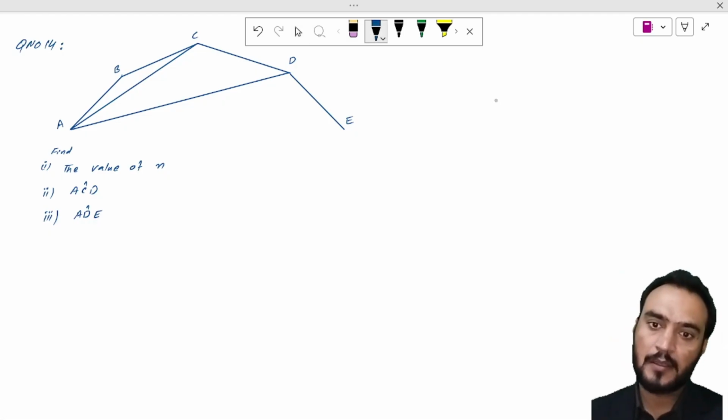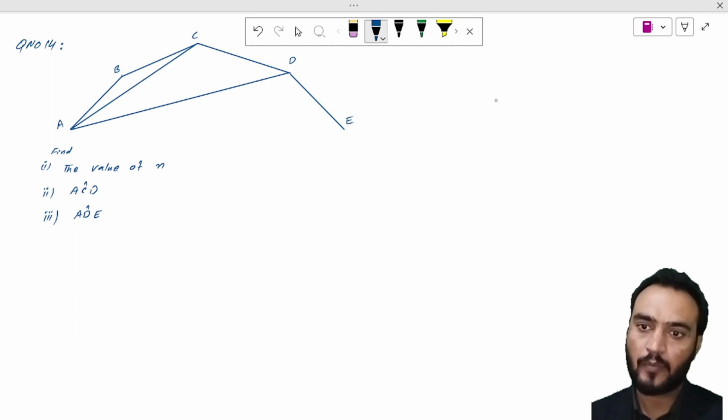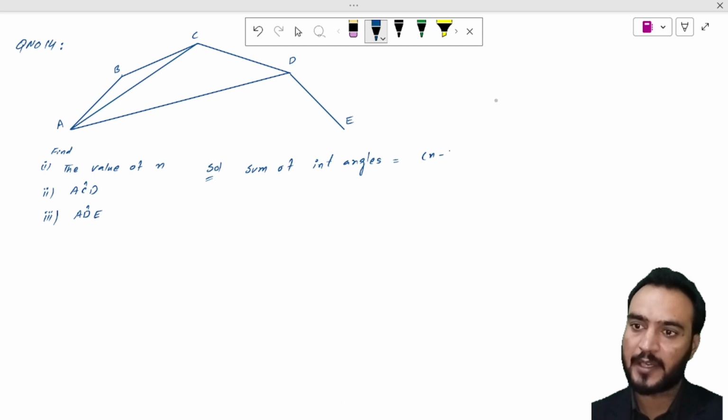As we know that the sum of interior angles is equals to n minus 2 times 180, and the sum of exterior angles is equals to 360 degree.